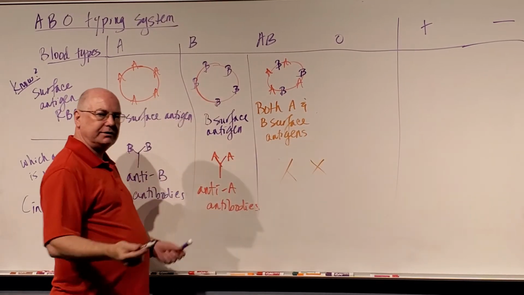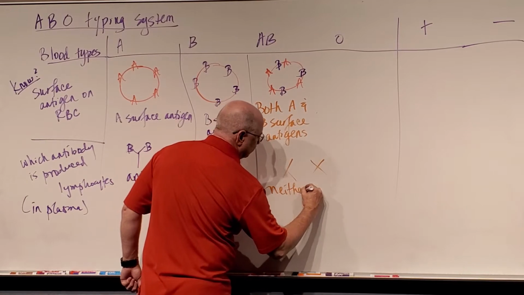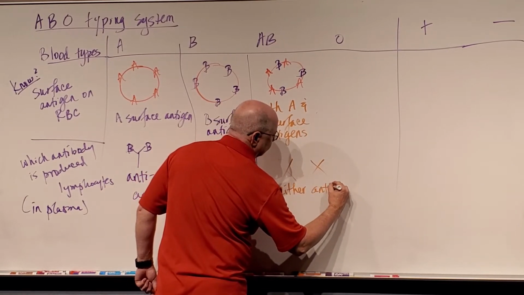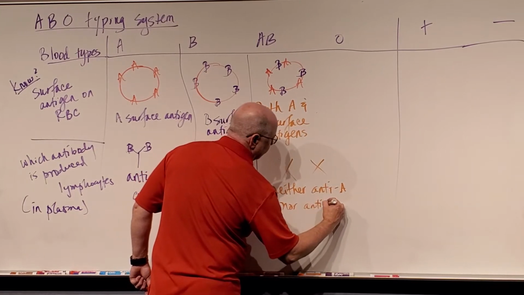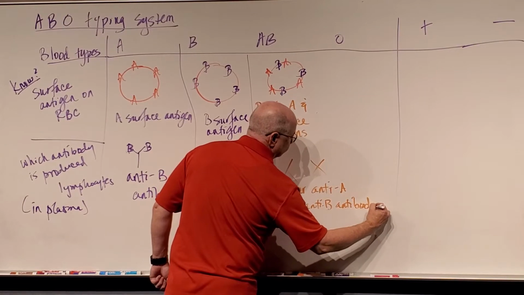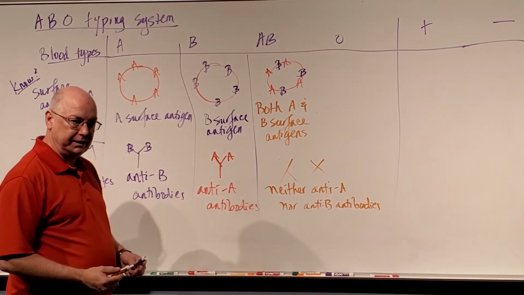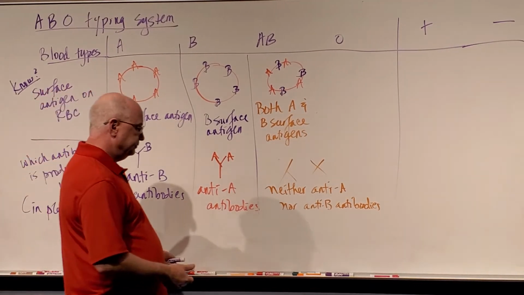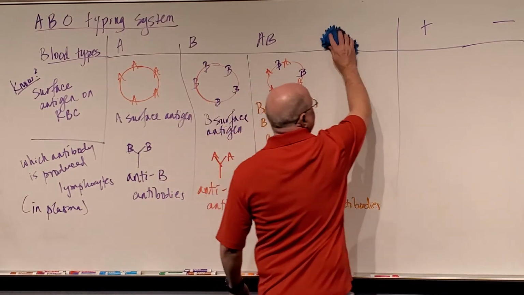They don't make either antibody. We can say that they make neither anti-A nor anti-B antibodies. Okay? We don't say they make any antibodies, they just don't make these two antibodies. Now, I need to make a little bit more room, so I'm going to erase a little bit of this. Sorry.